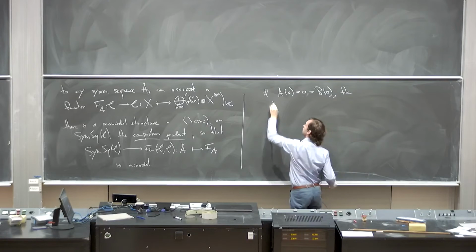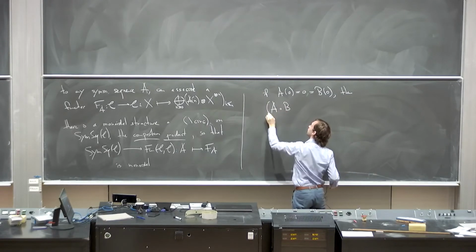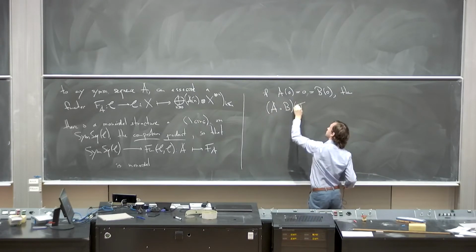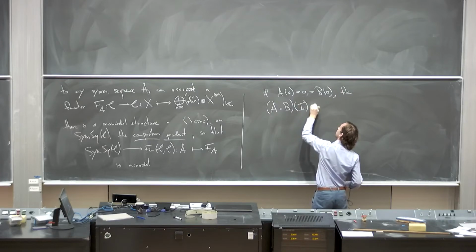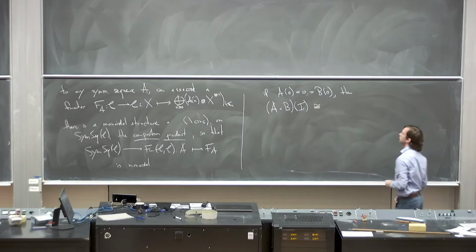A composed with B, evaluated on a finite set I, is described by the following formula.